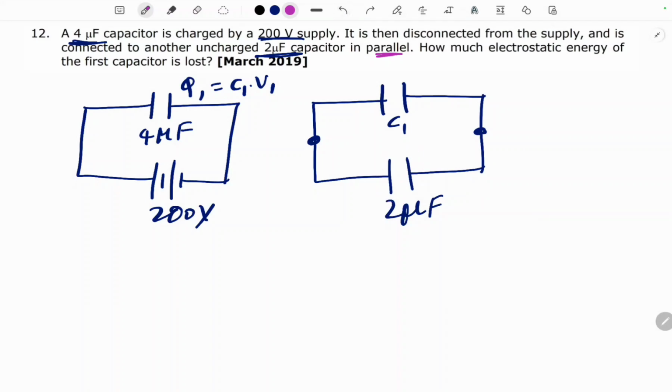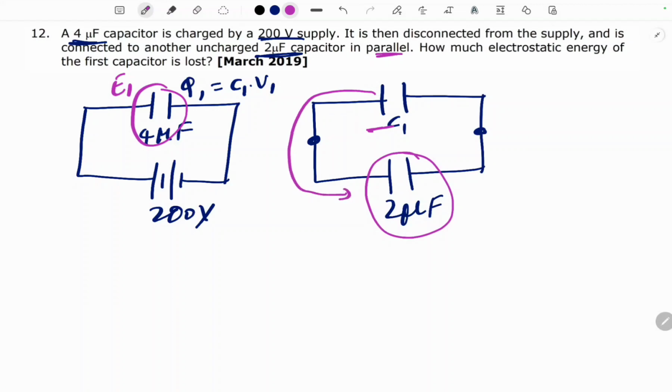Now what you want to calculate here is the energy stored in E1, which we can calculate. Then because of the connection of this capacitor in parallel with the other capacitor, it will lose some charges. If it is losing some charges, its energy also decreases.